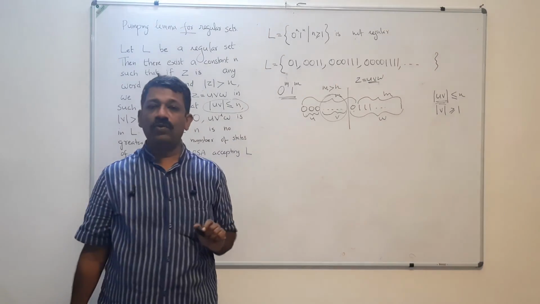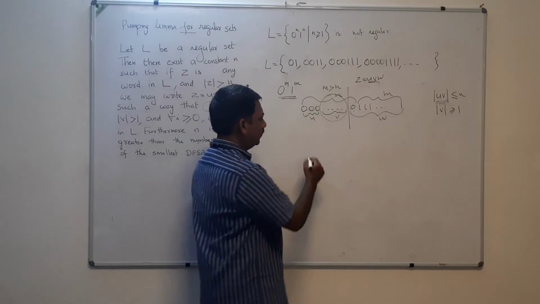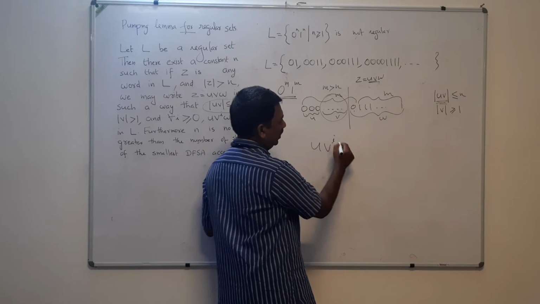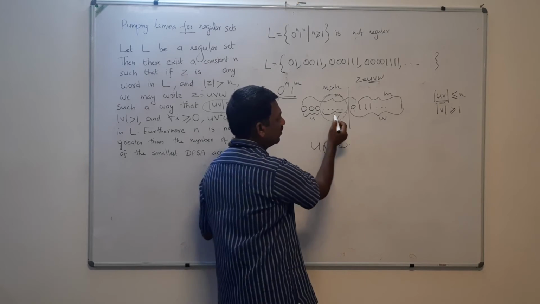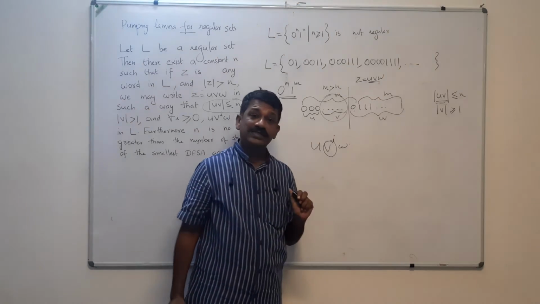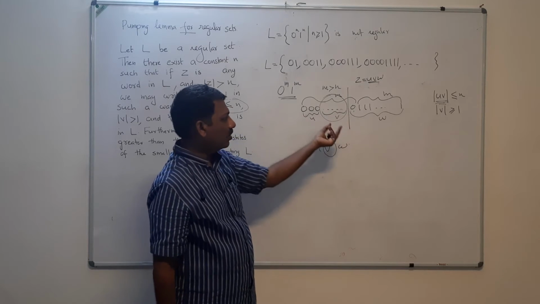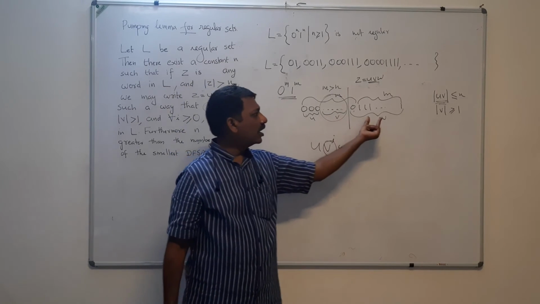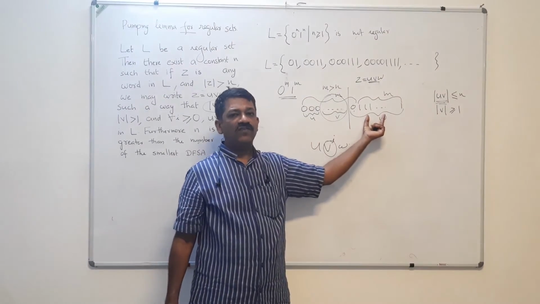So if you take u v raised to i w, what will happen? This pumping location is only in this portion, that means only in the zeros. You cannot pump 1s. You are not able to pump 1.